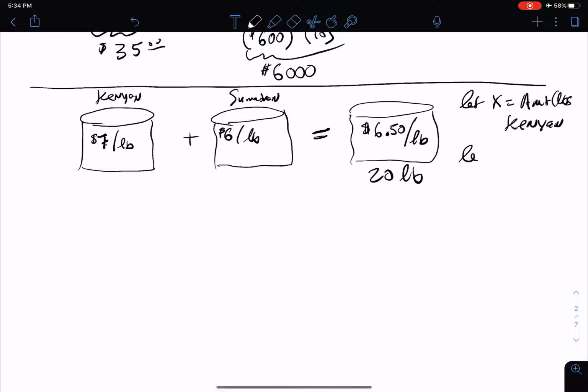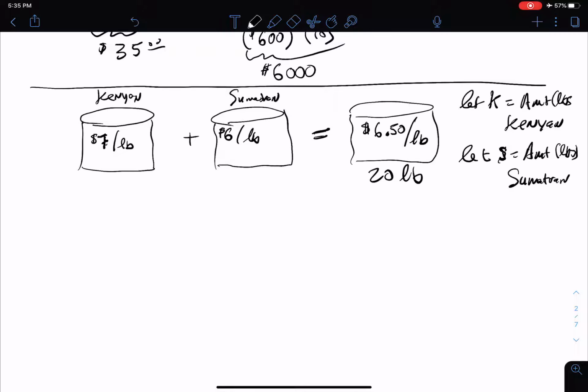And like I said, you could use X, Y. Sometimes students really like it when you use a variable. I'm just going to use K for Kenyan coffee. But you got to know what it is. It's not the price per pound for the Kenyan coffee. It's the amount in pounds of the Kenyan coffee. So you got to be real clear with that. Let S equal the amount, not the price per pound, the amount measured in pounds, of the Sumatran coffee.